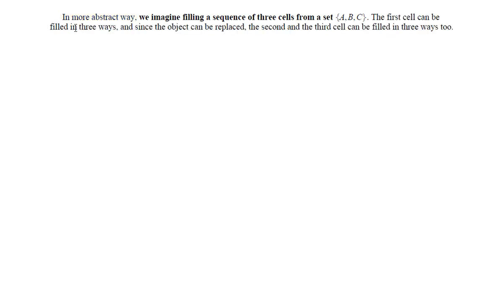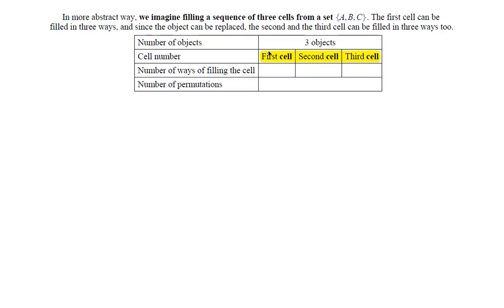We imagine filling a sequence of 3 cells from a set A, B, and C. The first cell can be filled in 3 ways, and since the object can be replaced, the second and the third cell can be filled in 3 different ways too. So here we have the first cell, the second cell, and the third cell, and the number of ways of filling the cell: 3 ways, second cell, 3 ways, third cell, 3 ways, and number of permutations, 3 times 3 times 3.